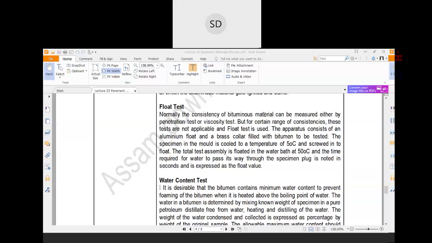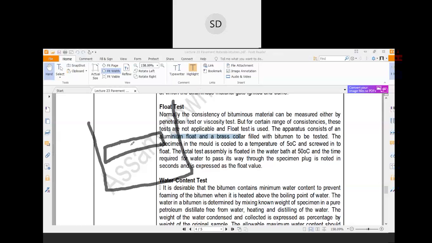So basically, the float test is used to know the consistency of the bitumen. Here the apparatus consists of an aluminium float and a brass collar filled with bitumen to be tested. So here what happens, one jar would be there that would be filled with water. Over there one aluminium plate would be there.